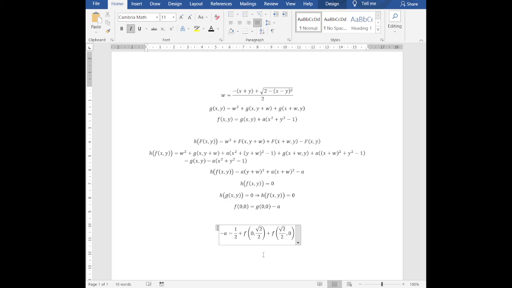I feel as though if I wanted to solve this, what I would need to do is prove something about the interchangeability of x and y. Because if I can prove the interchangeability of x and y, I can begin to solve this at particular places.